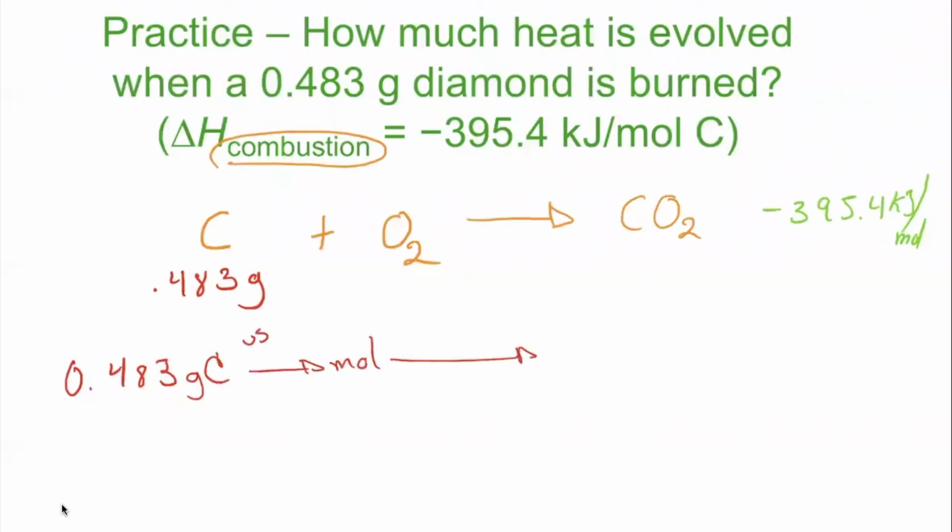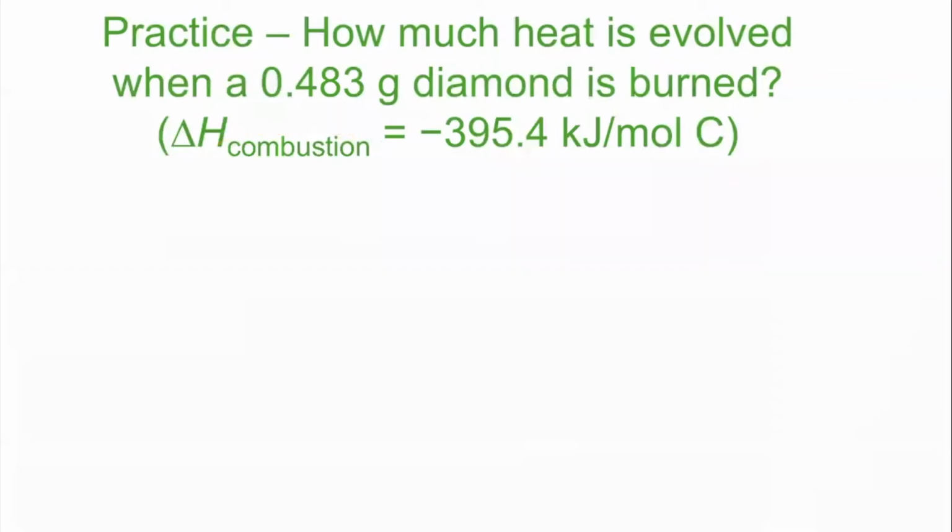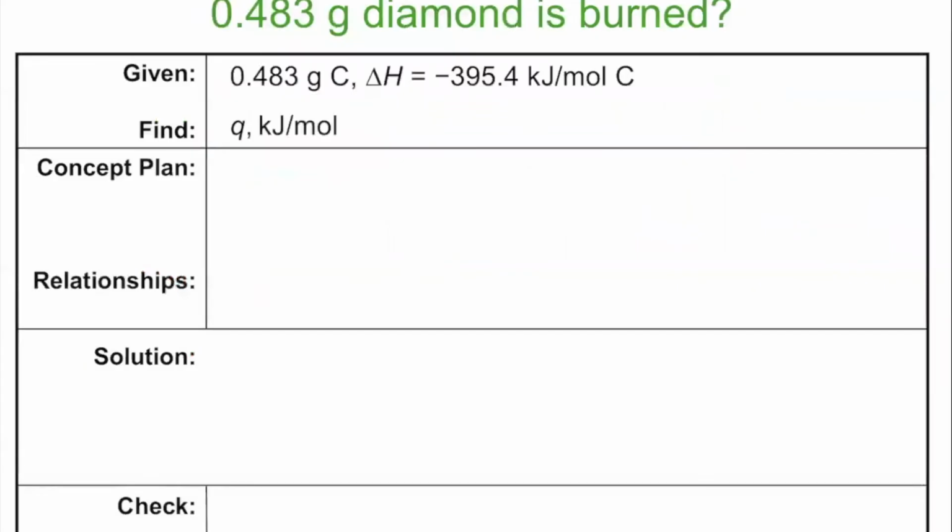Here you're going to use molar mass, and in here you're going to use the balanced equation. And then here you're going to end up with kilojoules. So pause it and try to do it by yourself. Here's the answer.